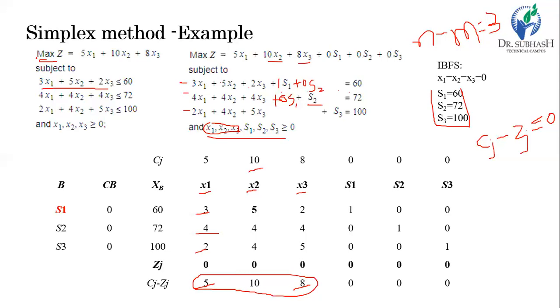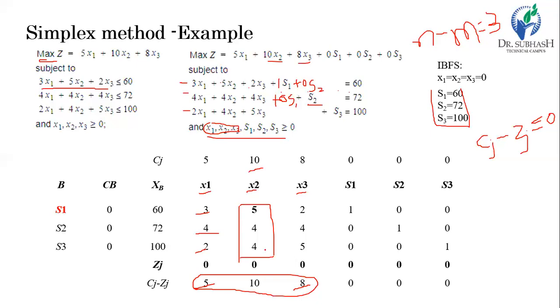The best possible value for maximization is 10, so we will select x2 as the incoming variable. So x2 will enter the basic column, and the x2 column is called the key column, or the pivot column, but we will call it the key column.